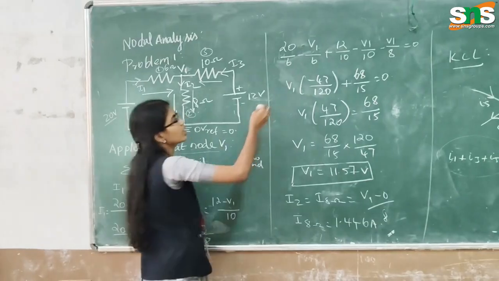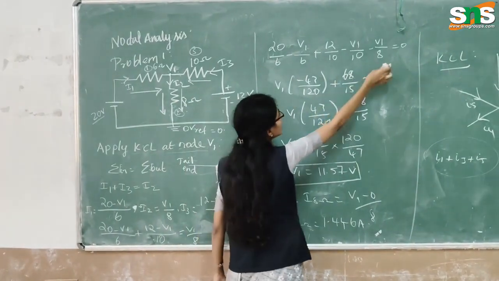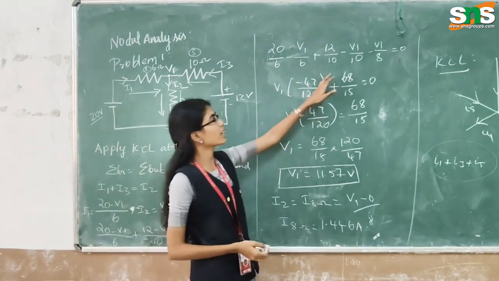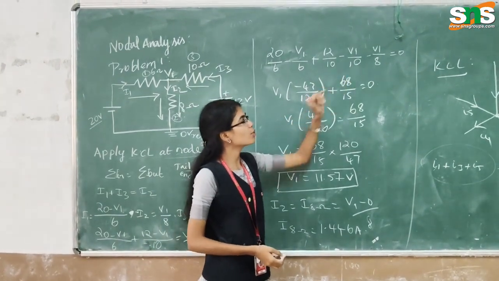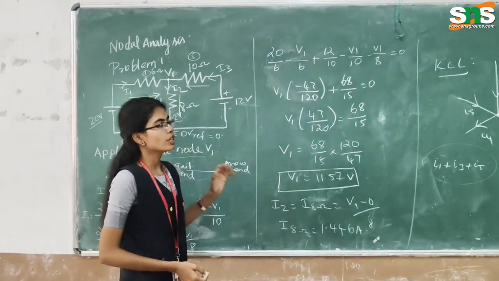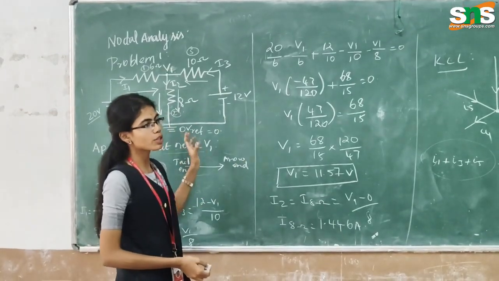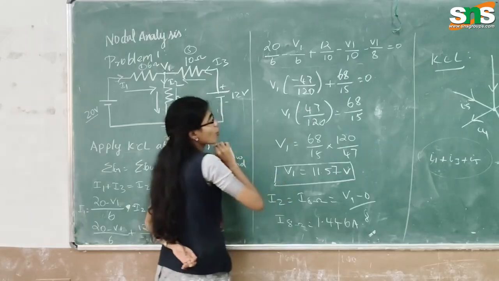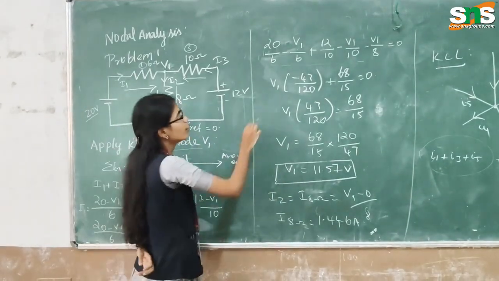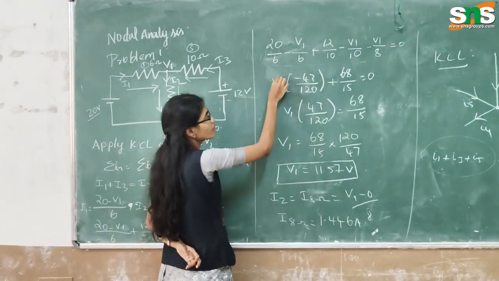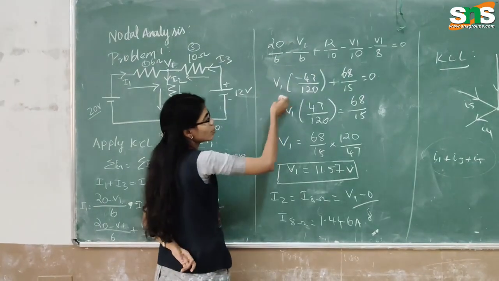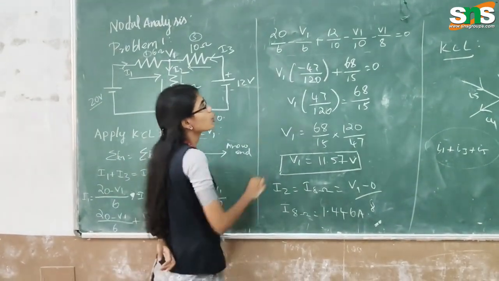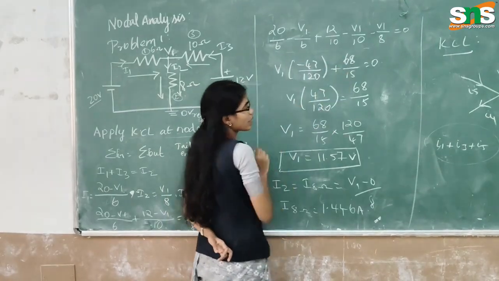After rewriting, we get the equation 20 by 6 minus V1 by 6 plus 12 divided by 10 minus V1 divided by 10 minus V1 divided by 8 is equal to 0. After all this, the algebraic sum is equal to 0. Solving, taking the LCM for all these values, V1 is the common term. We get minus 47 divided by 120 V1 plus the constant value 68 divided by 15.